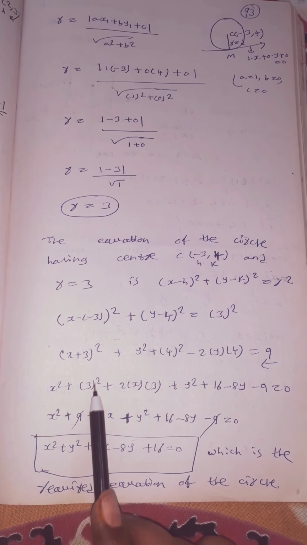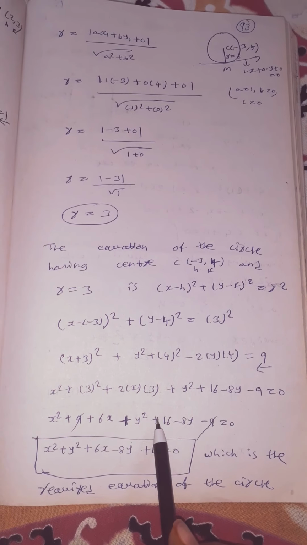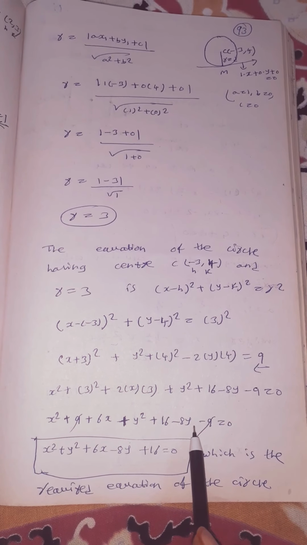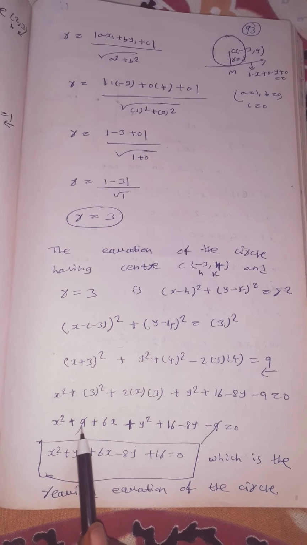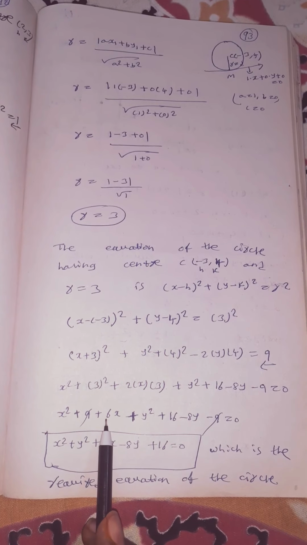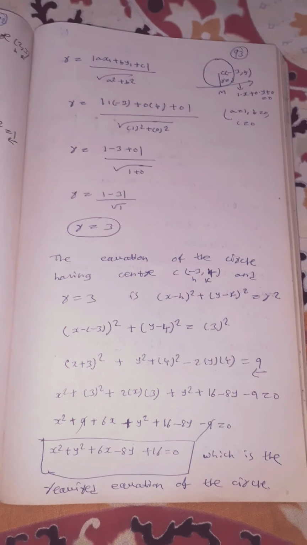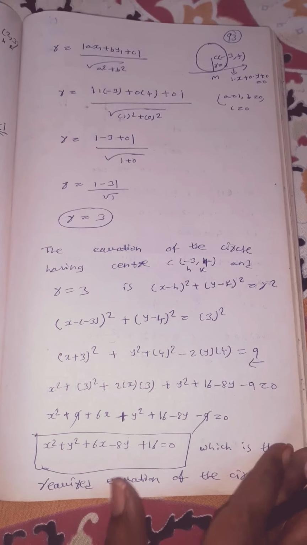So here x², 3 square 9, 2 3s are 6x, y² + 16 − 8y − 9. Here plus 9 minus 9 gets cancelled, children. So x² + y² + 6x − 8y + 16 = 0, which is the required equation of the circle.